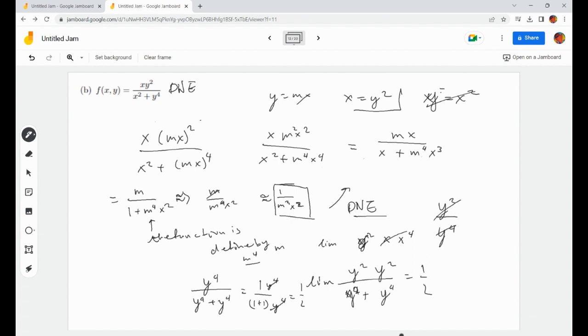But if I did 2x, let's just change it to y equal 2x squared and then plug it into here. Sorry, x equal y^2 squared. It will give you a different number, and that's not equal to the first one.